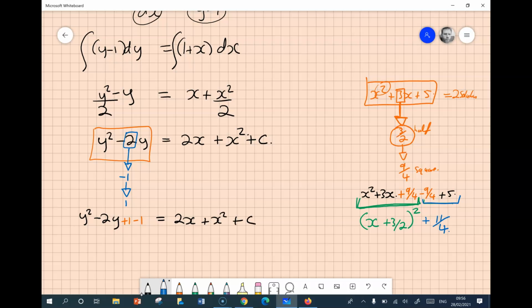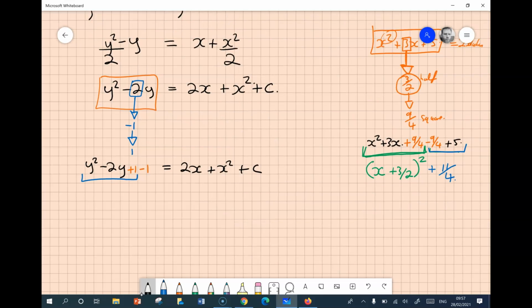Now as I said, this allows me to do something really neat here with the first 3 terms. I can write it as a perfect square. So it'll be y, it'll be something to be squared, and it'll always be the number that I halved, y minus 1 to be squared. Now I still have my minus 1 there, equals 2x plus x squared plus our arbitrary constant.